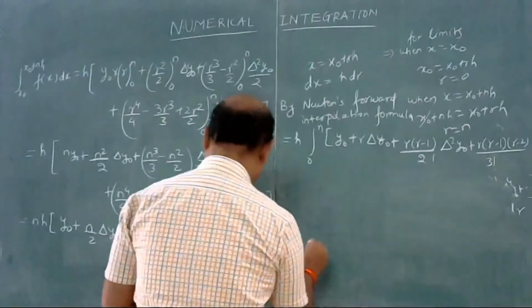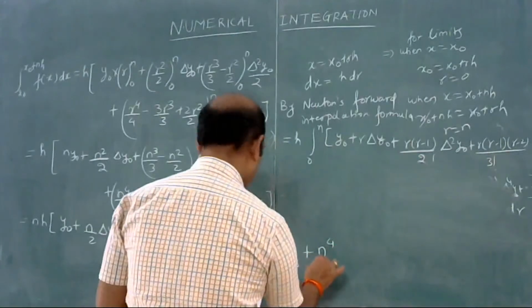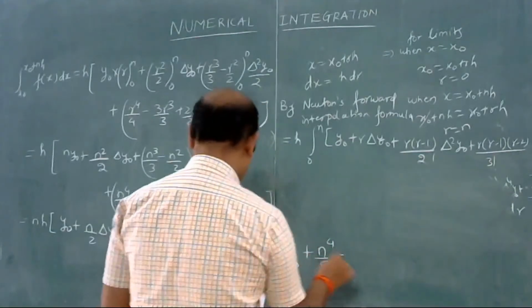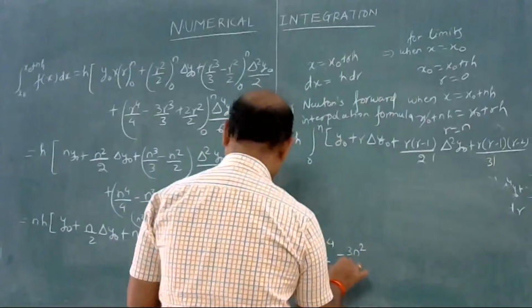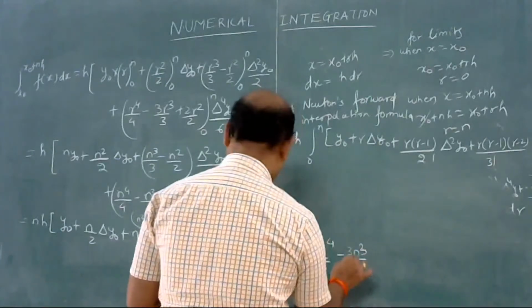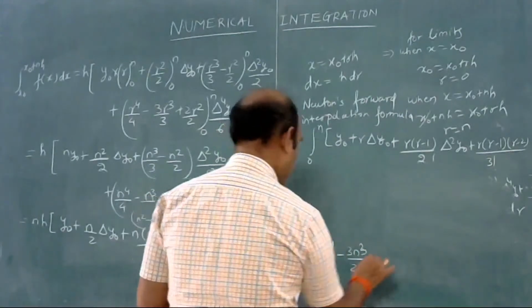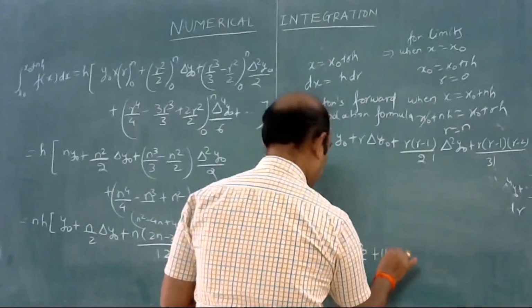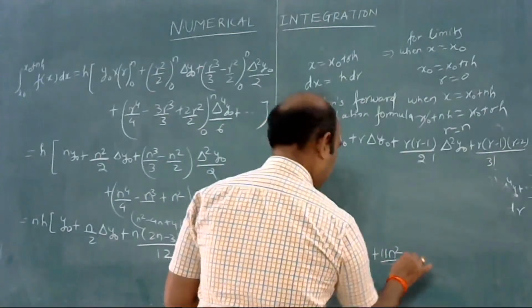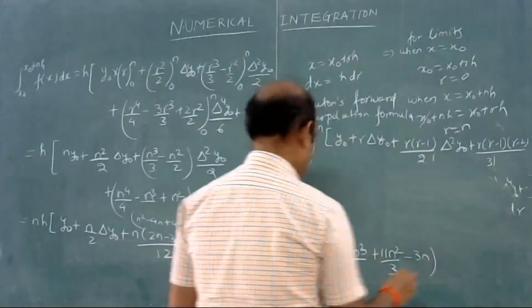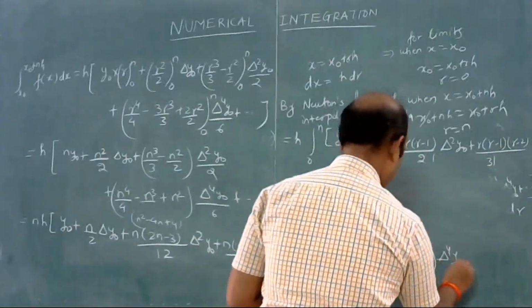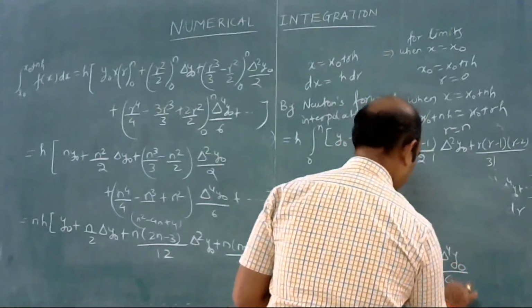Plus, you can write further terms: n to the power 4 minus 5 3n square into 5 2 plus 11 n square by 3 minus 3n, del to the power 4 y naught by factorial.